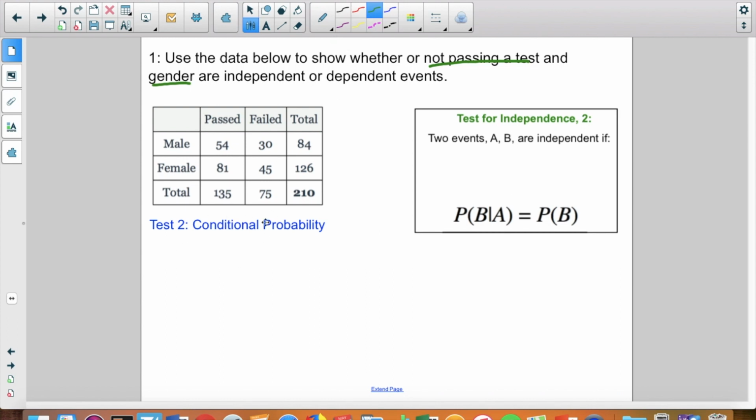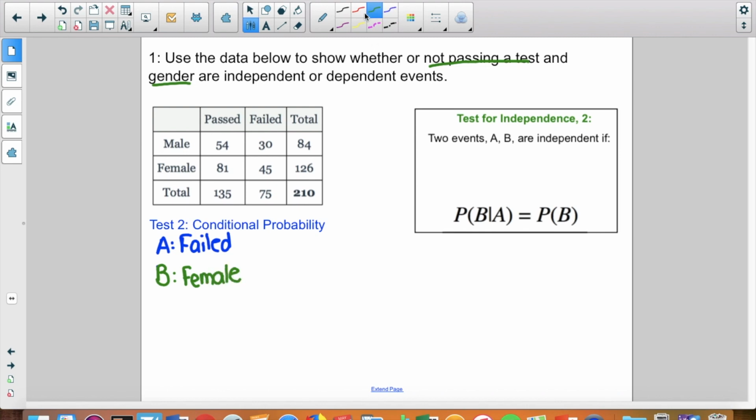For the conditional probability test, we still need to identify A and B. Again, they don't specify whether we're looking at passing or failing or male or female, so we can pick. Last time we did passed and male. This time, why don't we use failed and female? So A will be failed and B will be female.